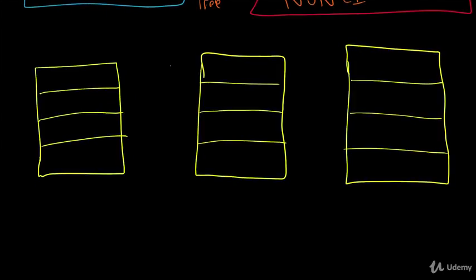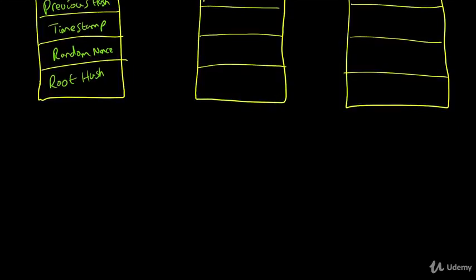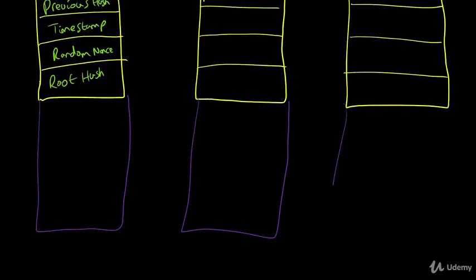And within these sections, the things we are concerned with are the previous hash, the timestamp, the random nonce, the root hash, and linked to this we have all of our transactions.